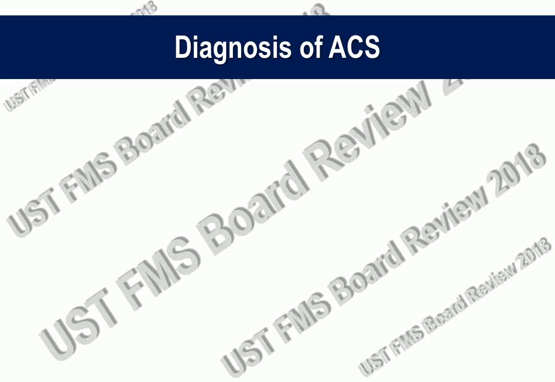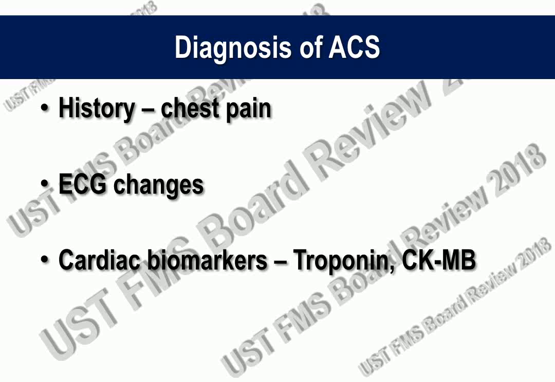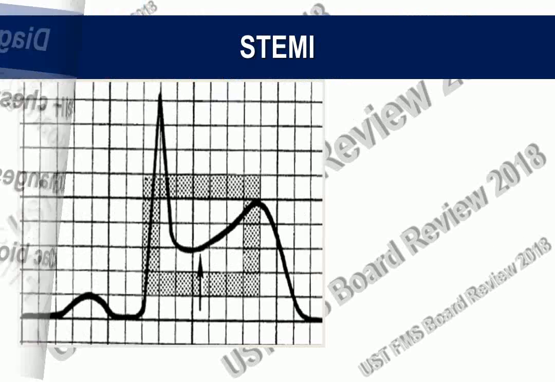So the diagnosis of acute coronary syndrome, you usually need the characteristic triad. From the history, the characteristic chest pain, you need ECG changes, and finally you need cardiac biomarkers, either your troponin or your CKMB. In most literature, in most guidelines, the recommendation is really to use your troponin.